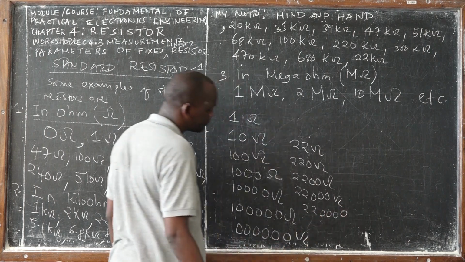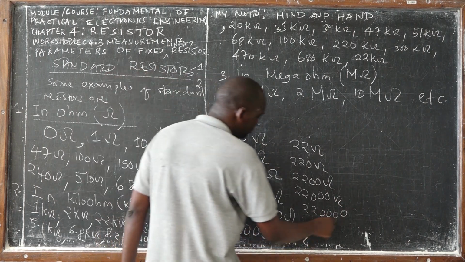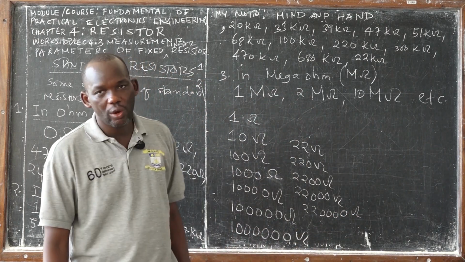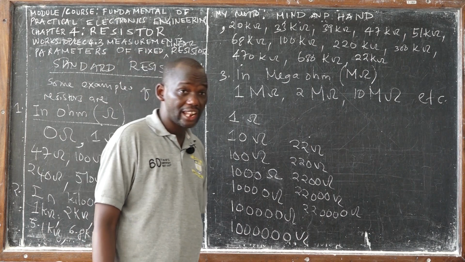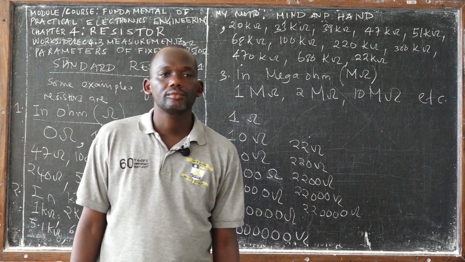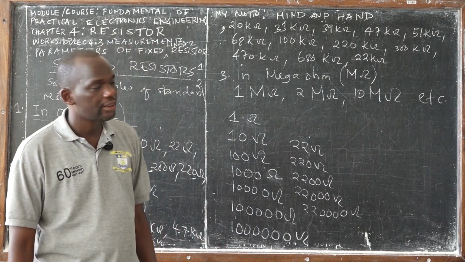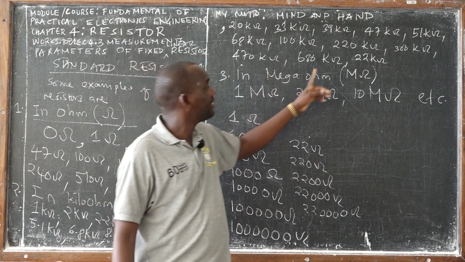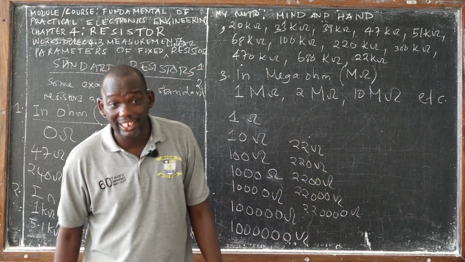And the next thing we have to add is 0. 220,000 ohm. Corresponding to how many kilo ohm? 220. We have it, this one. Right?